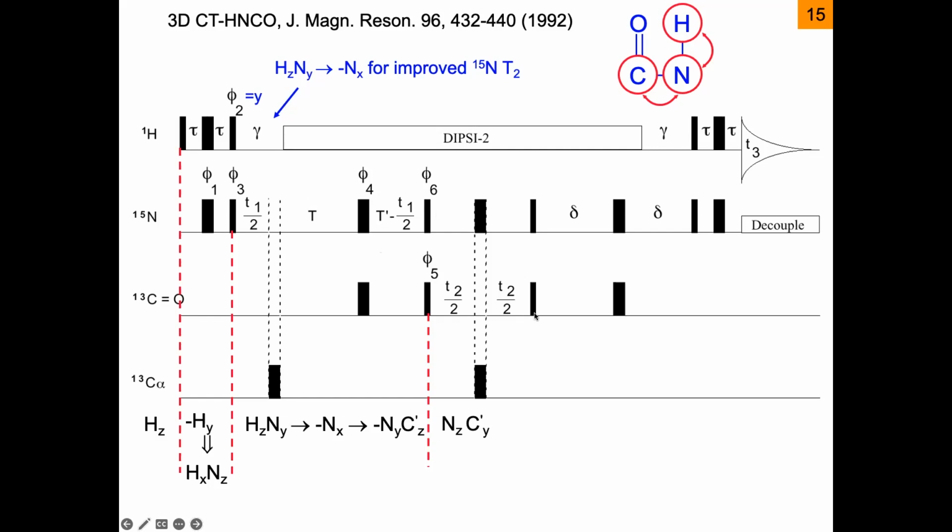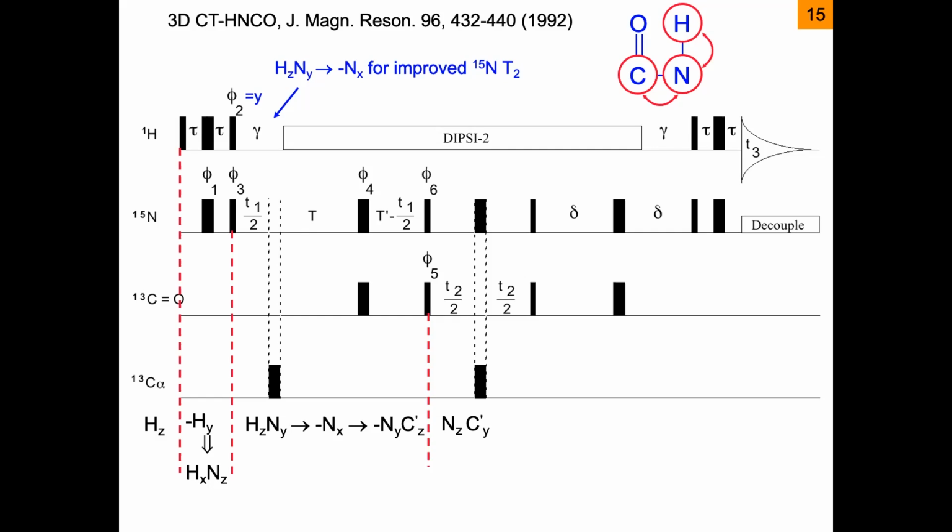And then you're here and you go back via a reverse INEPT to the nitrogen, and then from the nitrogen to the proton that is detected here. But the more mysterious thing in the sequence is this part here, which is called a constant time evolution, that achieves at the same time the transfer from the nitrogen to the carbonyl and measures the chemical shift evolution of the nitrogen.